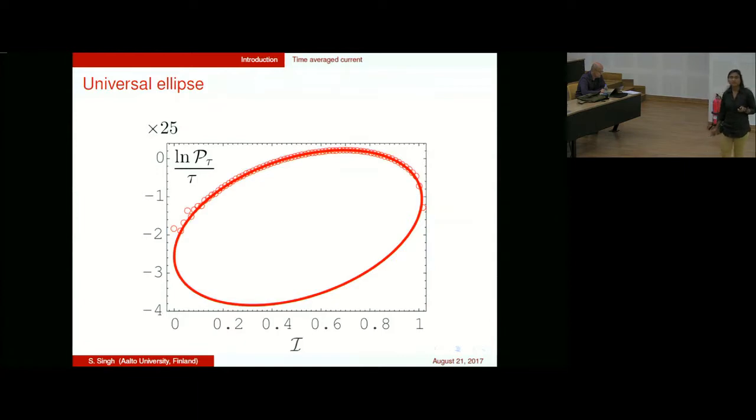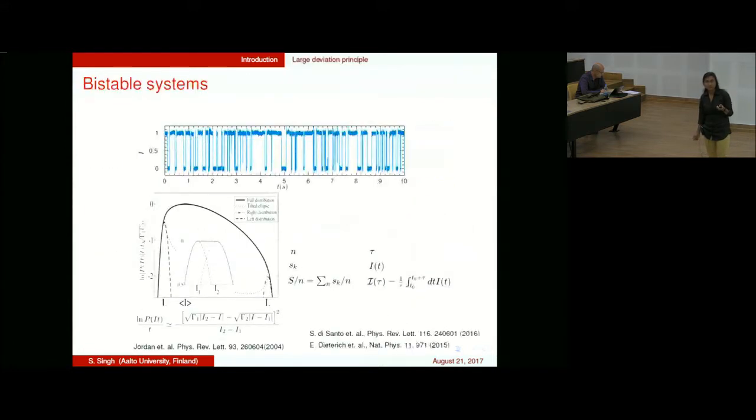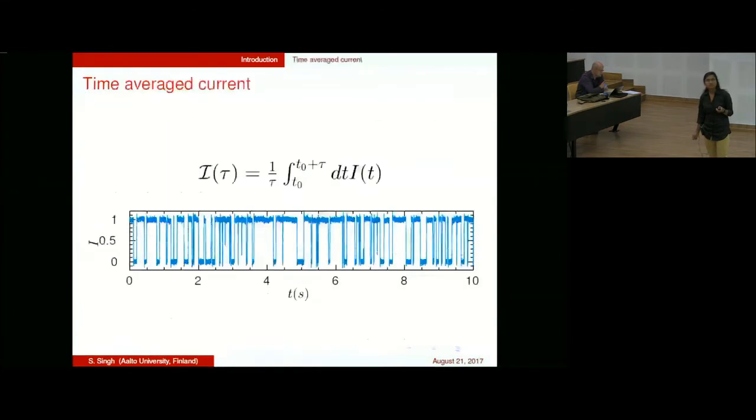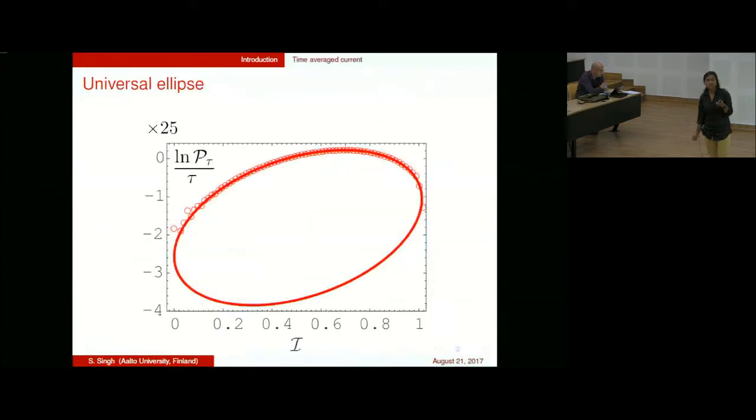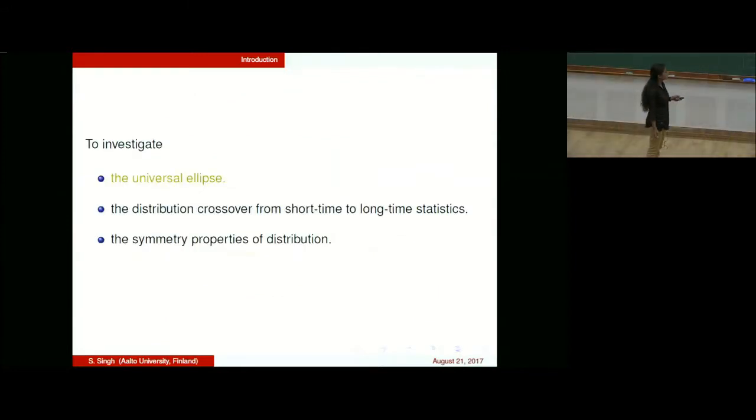Here, the circular ones with open circles are what we get from measurement, and this solid line is just to demonstrate that it's an ellipse. And the equation is taken from this Jordan-Sukhorukov paper. So this universal ellipse we got already, we saw it in our system as well.